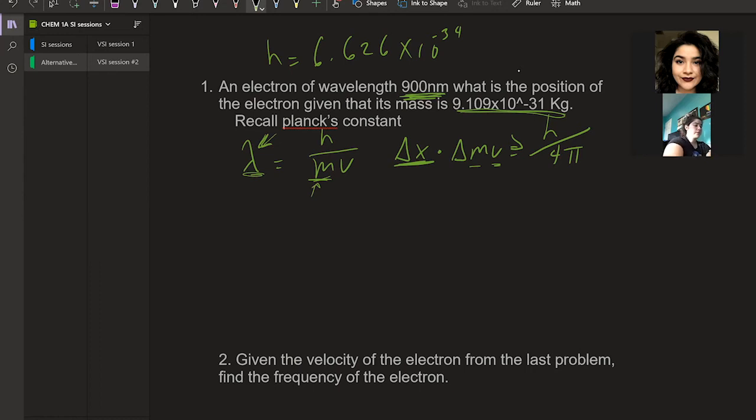However, what I like to do is solve for V first and then plug everything in. So V equals H over M lambda.